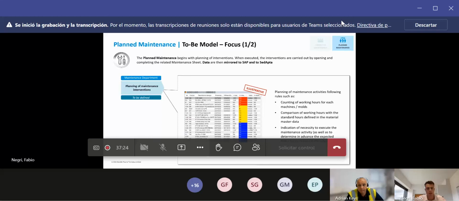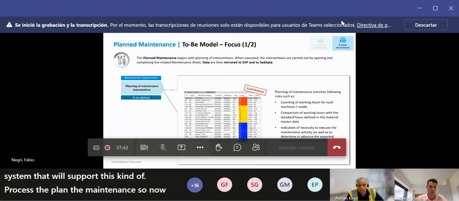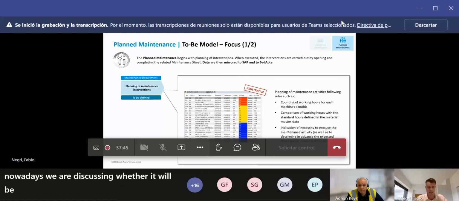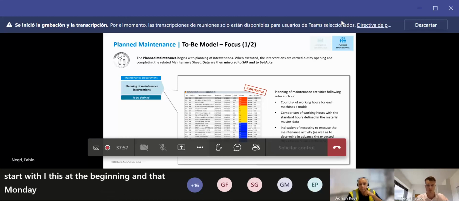Okay, good. So basically, to sum up what we said. First thing is the system that will support this kind of process, the planned maintenance. Nowadays we are discussing whether it will be 100% SAP or, as expected by the corporate, we can start with Iris at the beginning and then move the information to SAP.